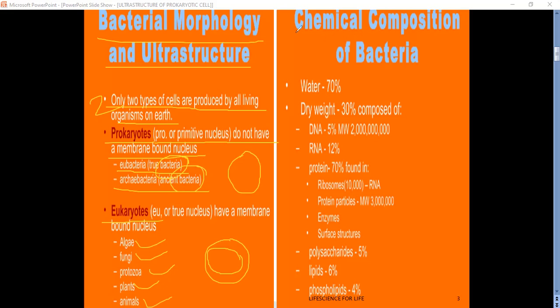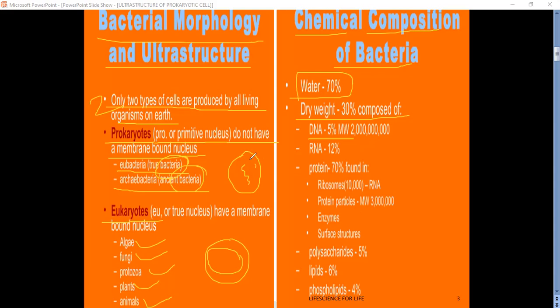Okay. Next, the chemical composition of bacteria. What exactly does the bacteria contain? Bacteria contain 70% water, like humans, and the dry weight is 30%. It is composed of DNA, which is only 5%; being very small, the bacteria contains just 5% DNA.